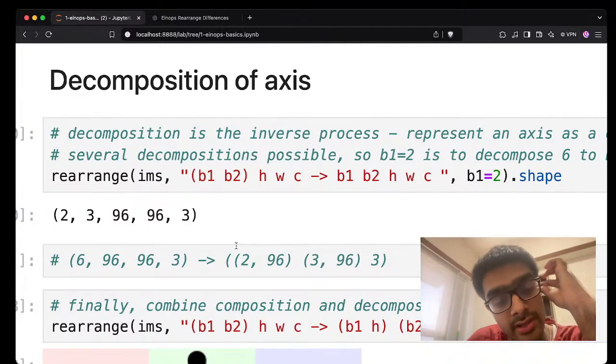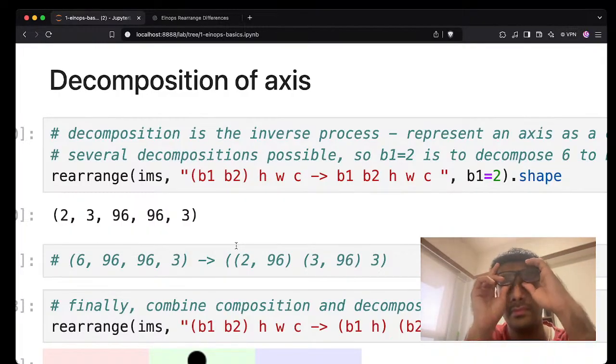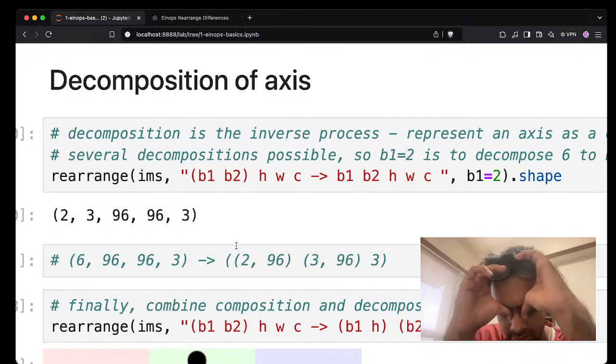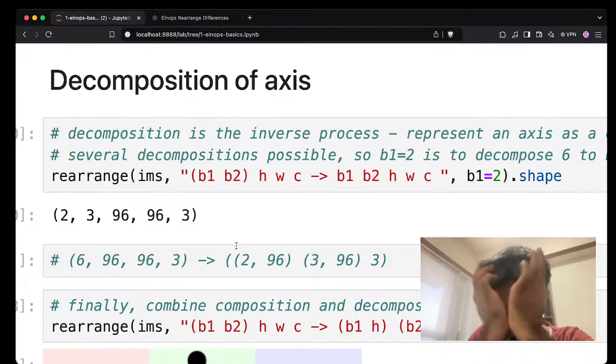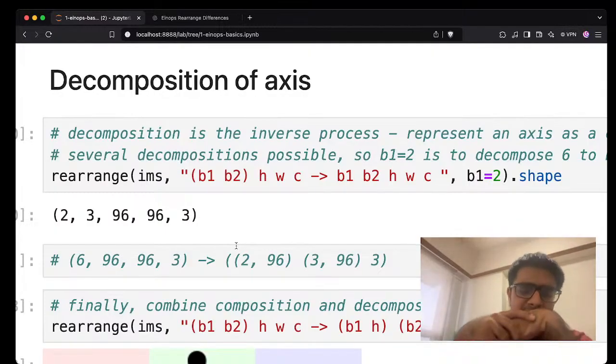Then the reorder will say, okay, got it. That's what the first thing does. The first part splits a row of 96 into 2 rows of 48, just the W split. No, oh wait, it's 48 by 2, right?